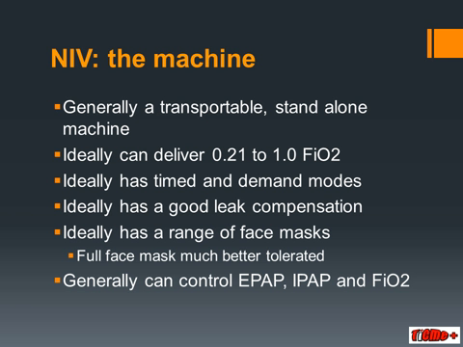Ideally, you'd like it to be able to work with a range of face masks so they can be changed for patient comfort and face shapes. And in general, you'd like to be able to at least control EPAP, IPAP, and FiO2. The good news is that most of the modern non-invasive ventilators have all of these characteristics. There have been significant improvements in the technology over the last few years, and certainly patient tolerability and leak compensation have significantly improved.